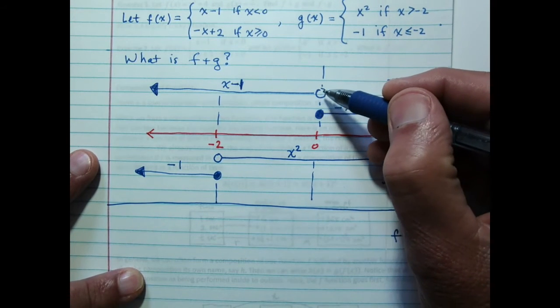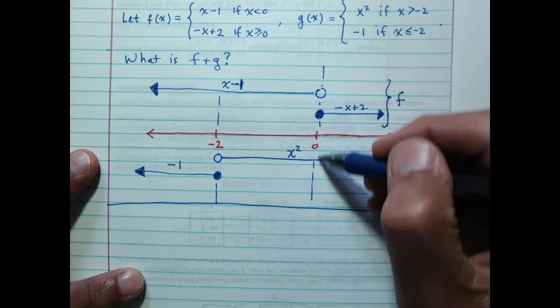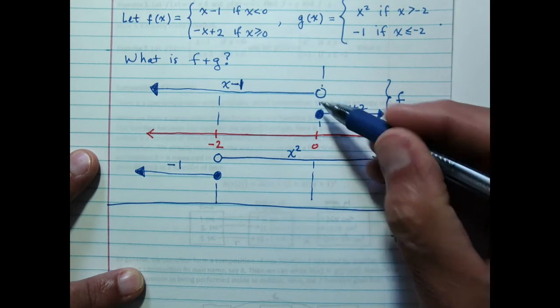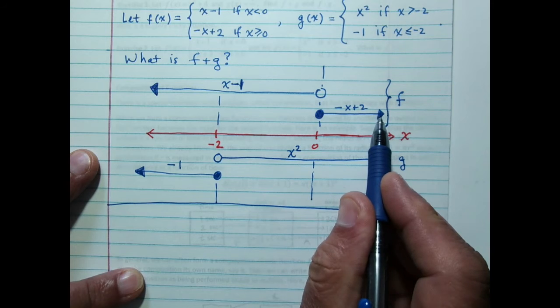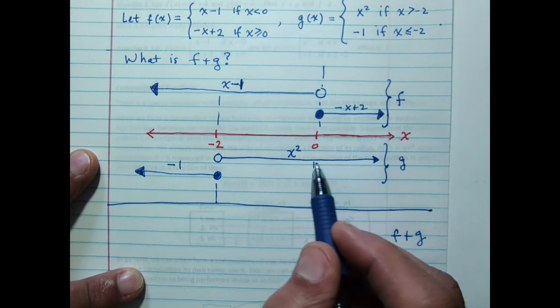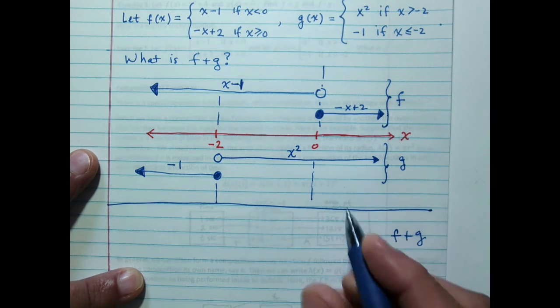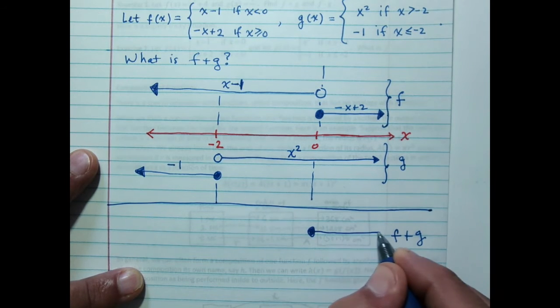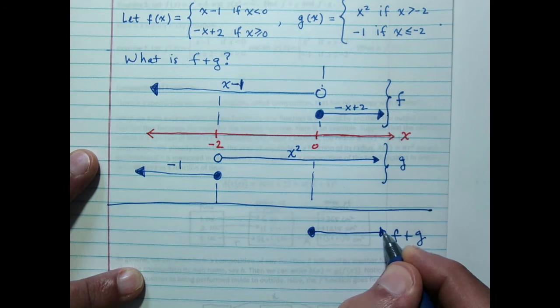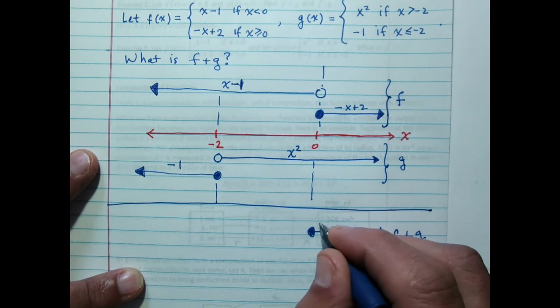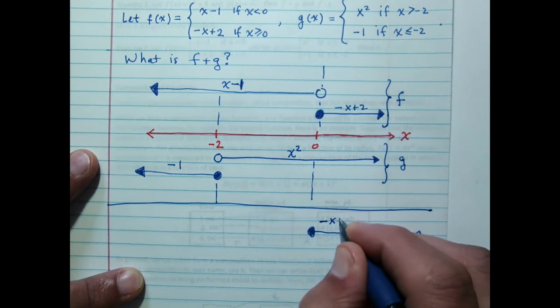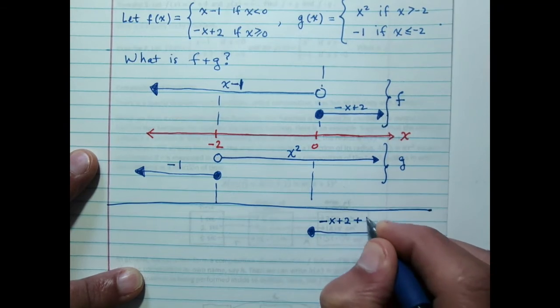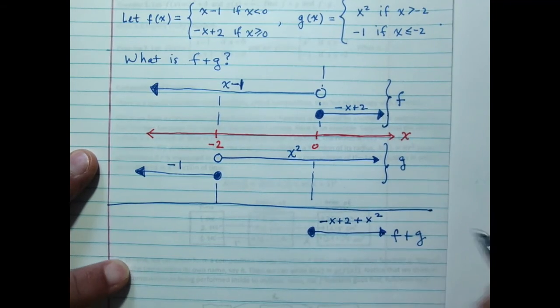What can I say? Well, if x is greater than or equal to 0, I use the -x plus 2 formula for f and the x squared formula for g. So for f plus g, I'm going to use -x plus 2 plus x squared.